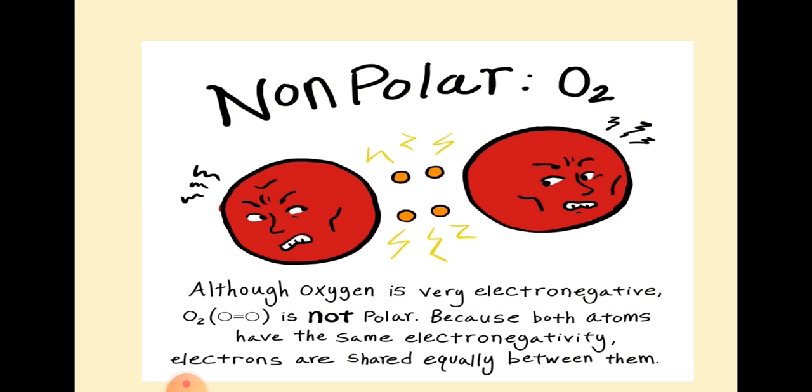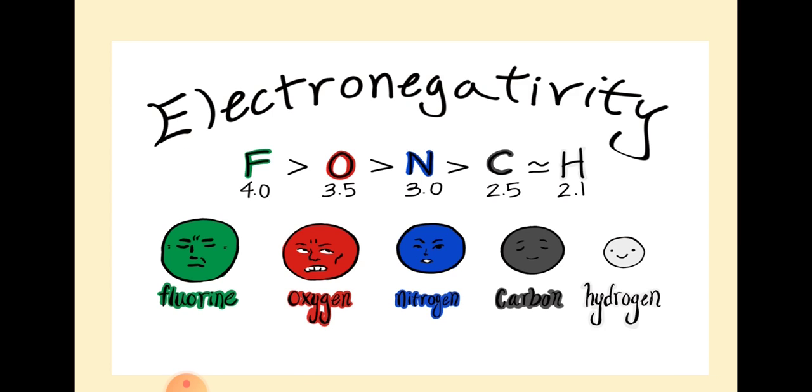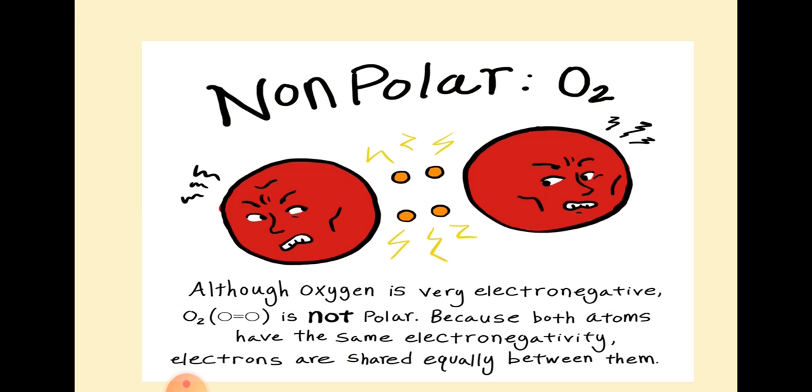Oxygen is very electronegative, but the molecule is not polar. Why? Because both atoms have the same electronegativity. When you find the difference in electronegativity, as you know, for oxygen it is 3.5. 3.5 minus 3.5, you will get 0. So there is no difference in the electronegativity of both atoms.